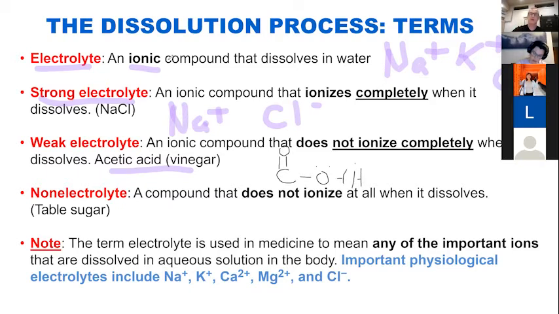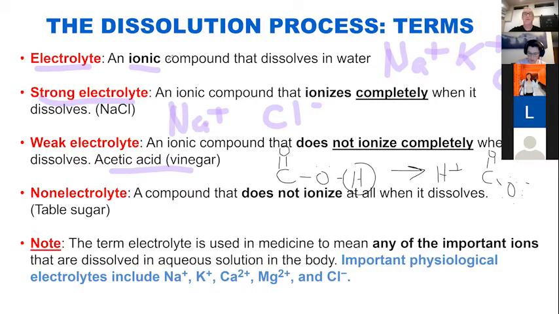And so this hydrogen here is the one that gets lost. And then we're left with H plus, and this becomes negatively charged. So this does ionize in water, but it doesn't ionize completely.